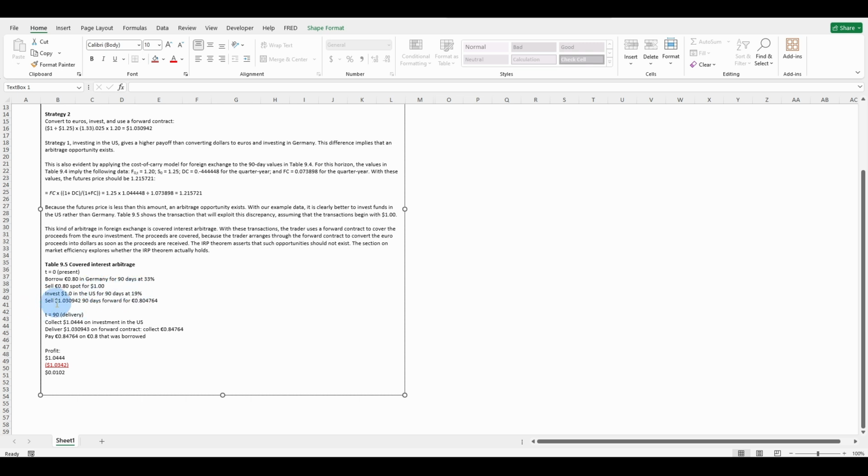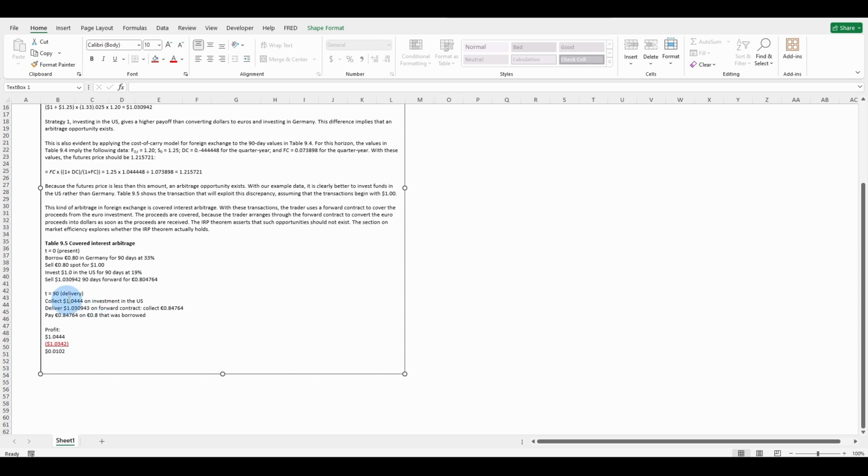Sell 1.03942 90-day forwards for euro 0.804734. At delivery, collect 1.044 on investments in the US. What is that? If you take 1.19 to the 0.25 times $1, it should be 1.044. Deliver 1.0393, that's what you sold on the forward contract.